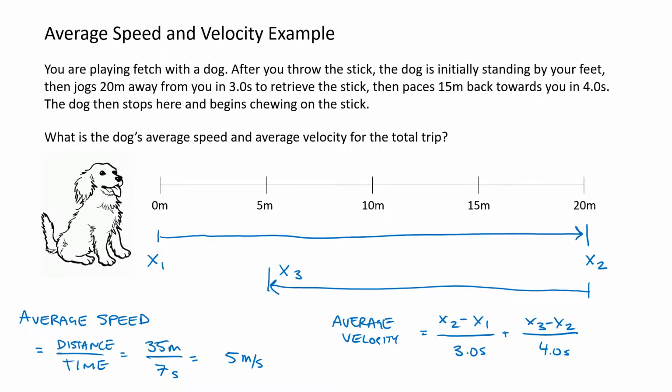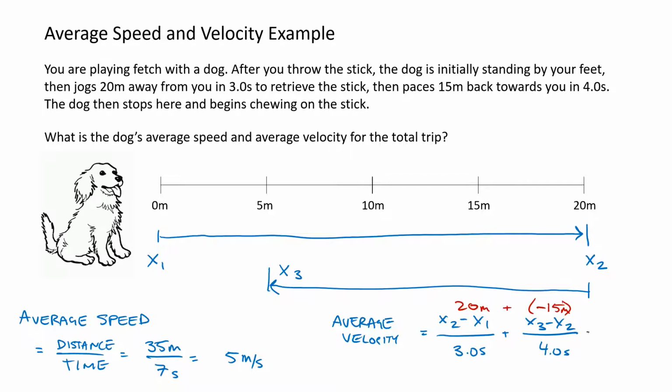So I'm going to do it in red. So 2 minus 1, that's just 20 for this one. 3, so 5 minus 20, it's negative 15. These are meters.